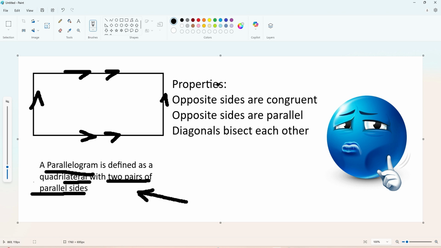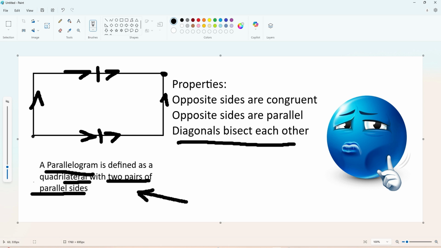Let's go over these properties. The opposite sides are congruent, meaning that this side is congruent to this side. The opposite sides are parallel, which we have shown already. Now, let's get into this. Diagonals bisect each other.